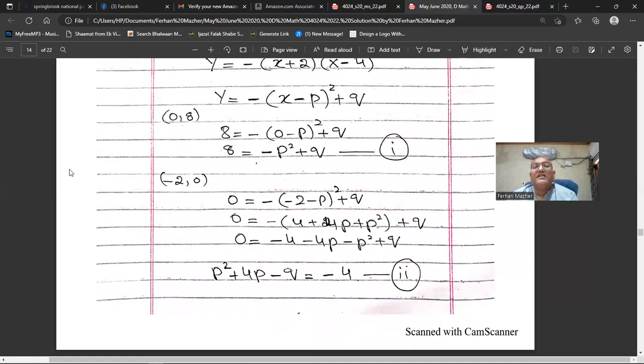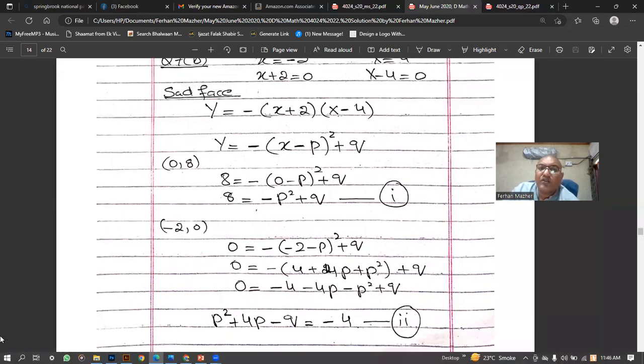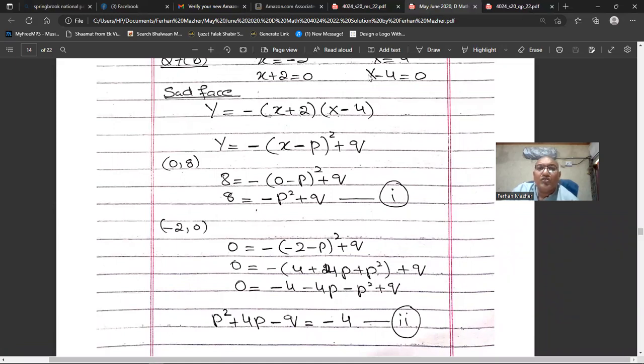That is the first equation. Then I will put one x-intercept in that equation, y equals minus bracket x minus p bracket close whole square plus q. In place of x, I will put -2, and in place of y, I will put 0. So you will have 0 equals minus bracket -2 minus p bracket close whole square plus q. When I open the whole square, it will be 0 equals minus bracket 4 plus 4p plus p square, plus q.